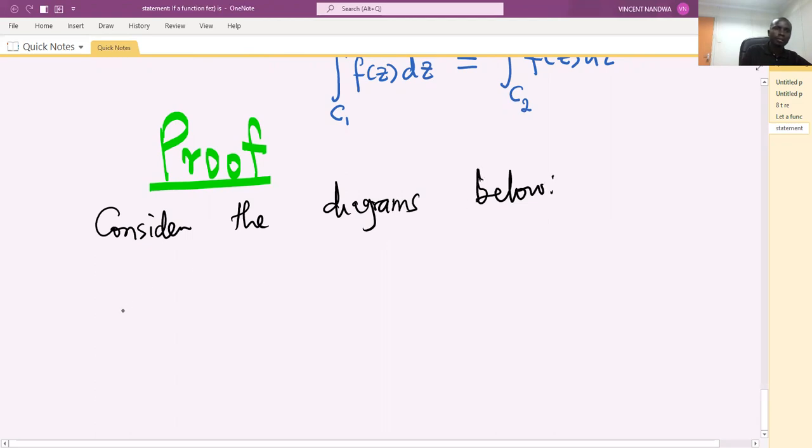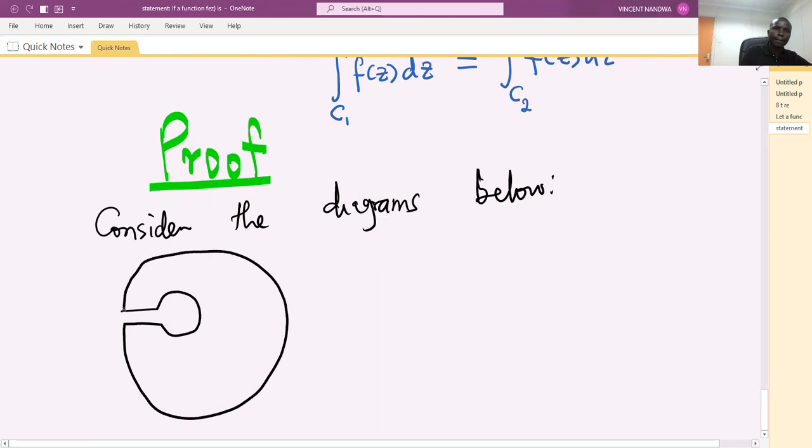So the first diagram, and then this is the direction.